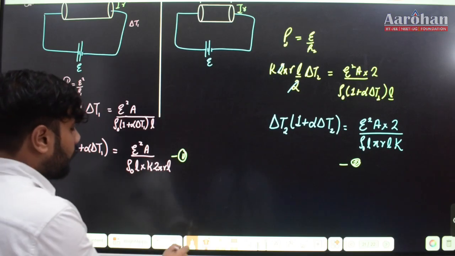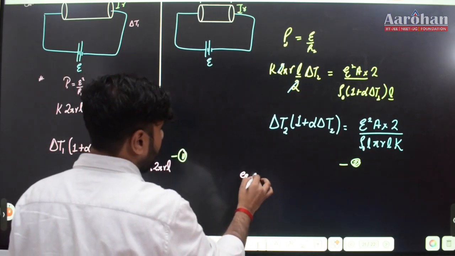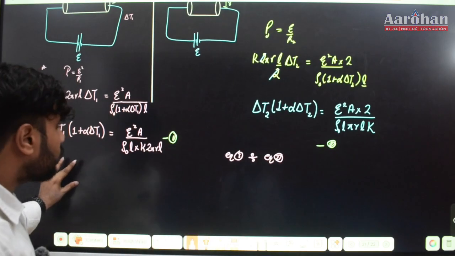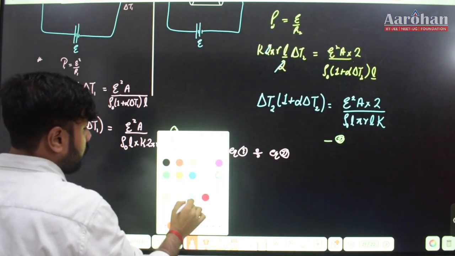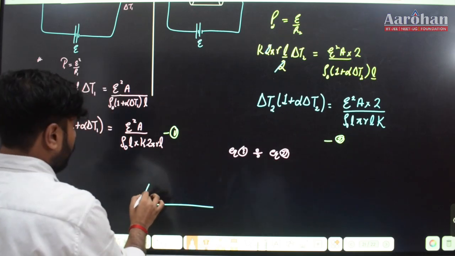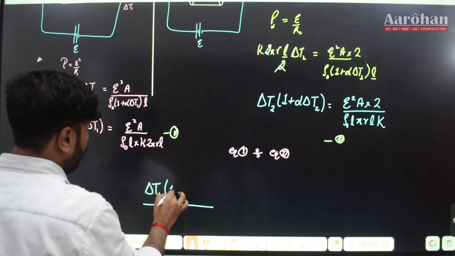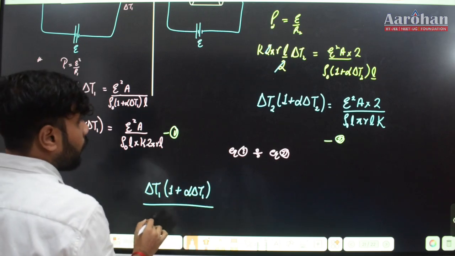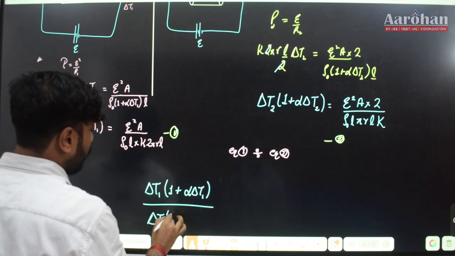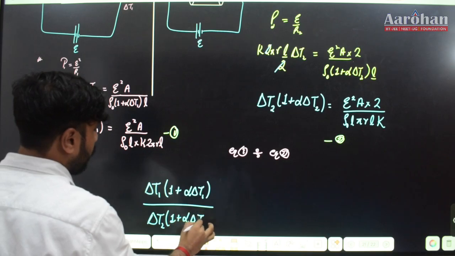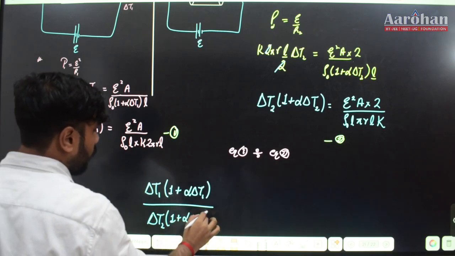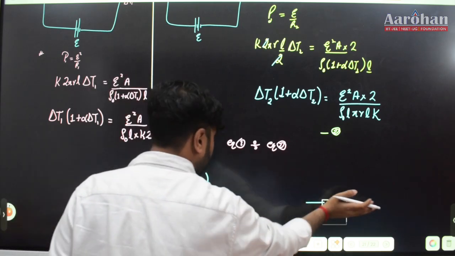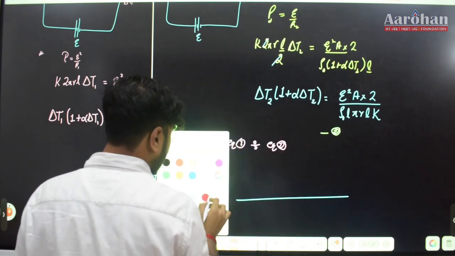Okay. So if I, let's say, divide equation 1 over equation 2, what will I have here? Delta T1 times 1 plus alpha delta T1 over delta T2 times 1 plus alpha delta T2 equals what?